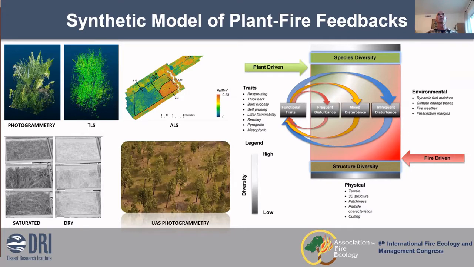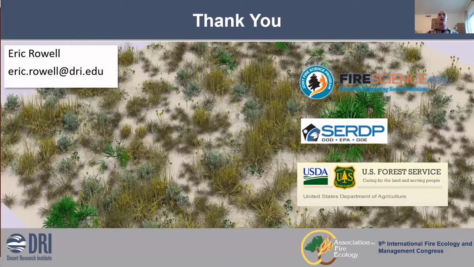But what we'd like to do is start getting large amounts of data using the GoPro, so we can use those as labels for artificial intelligence. We also want to get into understanding dynamics of fuel moisture, which Jonathan Batchelor will talk about, but also integrate these with ALS and UAS-based photogrammetry, so we can start answering aspects about what traits are driving fire, what environmental conditions are driving fire, as well as the physical elements. And with that, thank you.